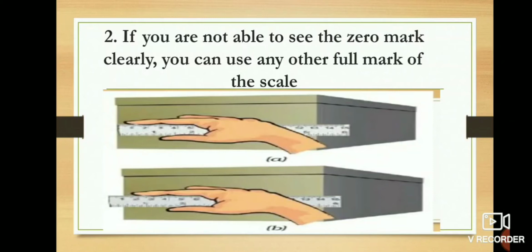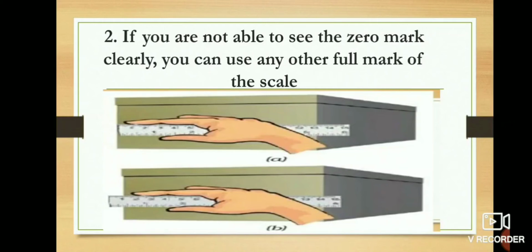Second one, if you are not able to see the zero mark clearly, you can use any other full mark of the scale. In some scales, the ends may be broken. You may not be able to see the zero mark clearly, for example, figure B. In such cases, you should avoid taking measurements from the zero mark of the scale.